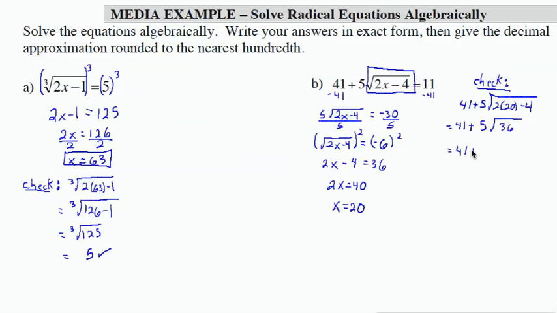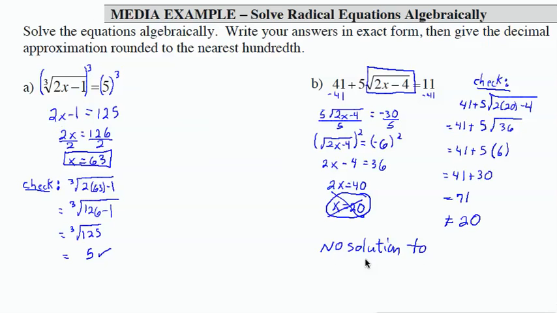I get 41 plus 5 times the square root of 36, which is 6. That leaves me 41 plus 30, 71, which does not equal 20. Therefore, x equals 20 is called an extraneous solution, meaning there is no solution to the original equation.